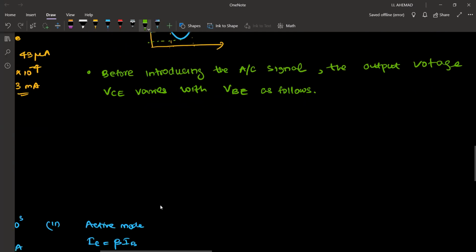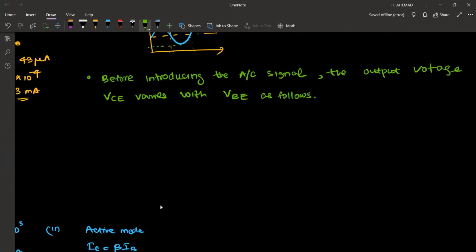So what we are going to do is check how VCE is going to vary with VBE. So what is VBE?